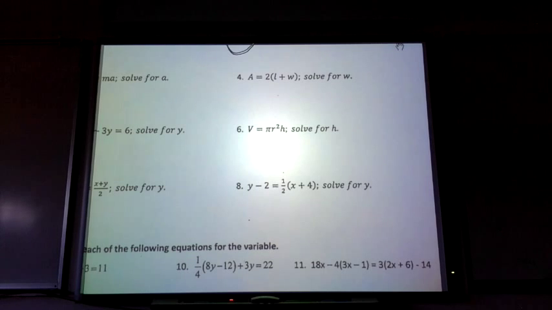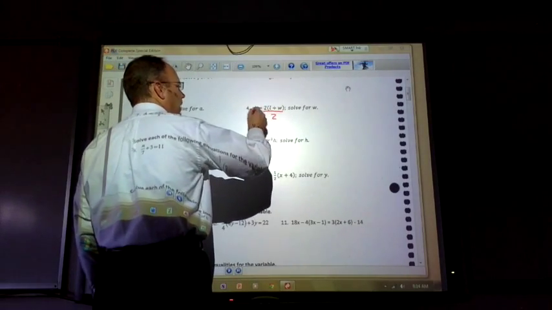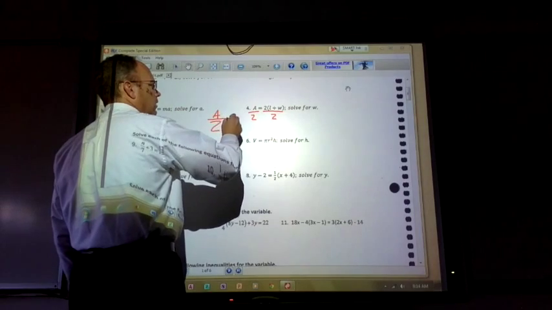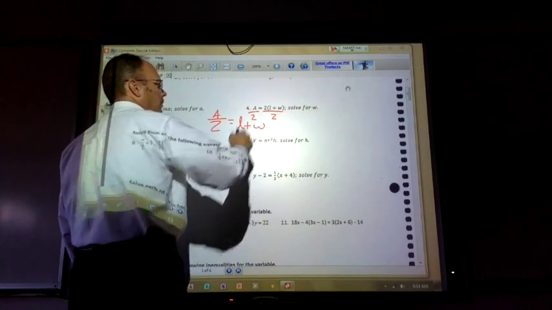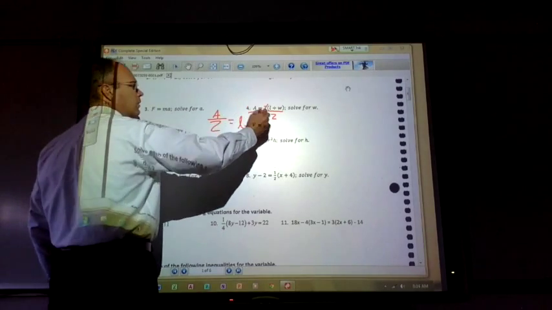How are they being held together right now? Distributive, which is another name for what? Multiplication. So I want to get W by itself up here. So I think if I divide everything by 2, I'm going to get A over 2 is equal to L plus W. So I'm just going to drop the parentheses now because it's no longer there. So that basically canceled that and that.